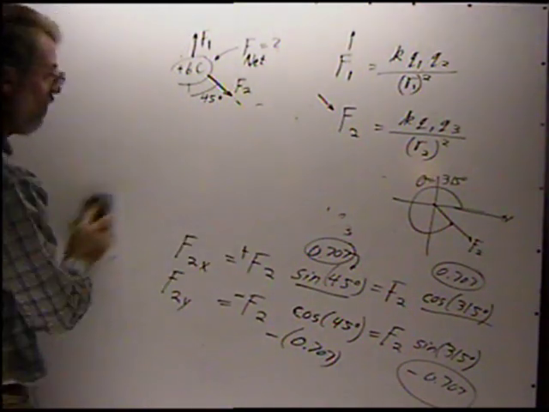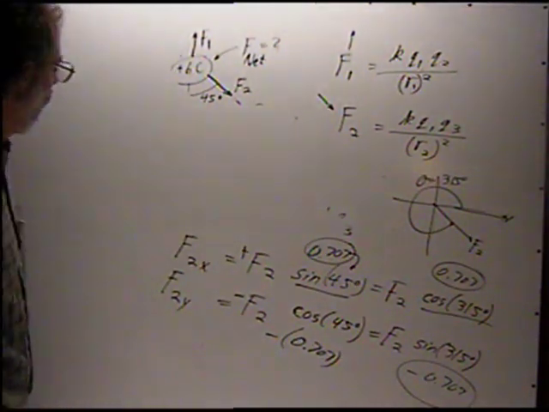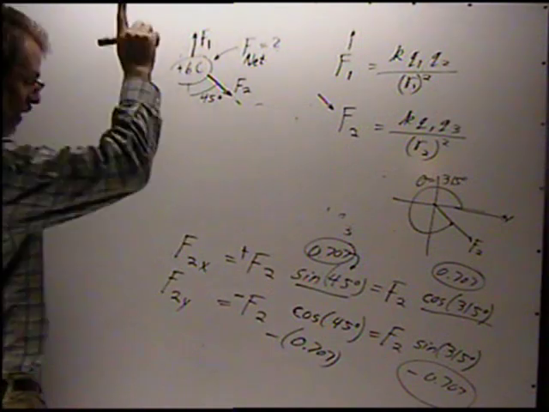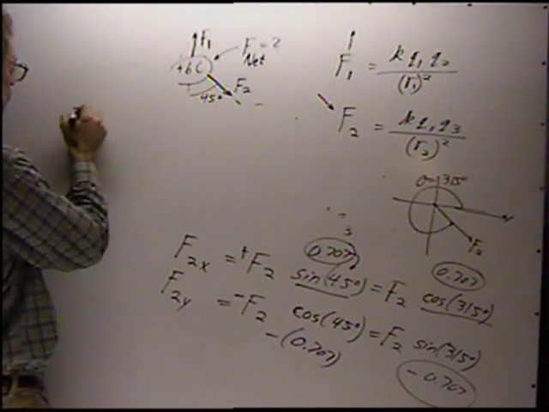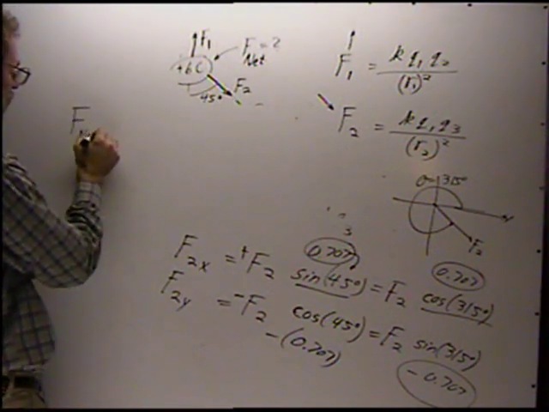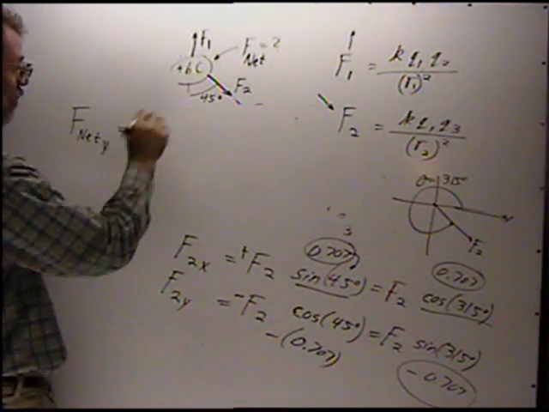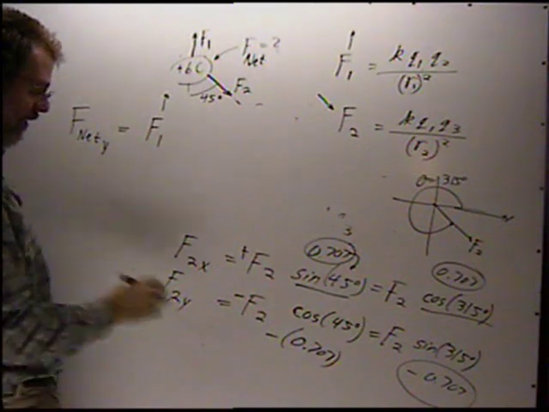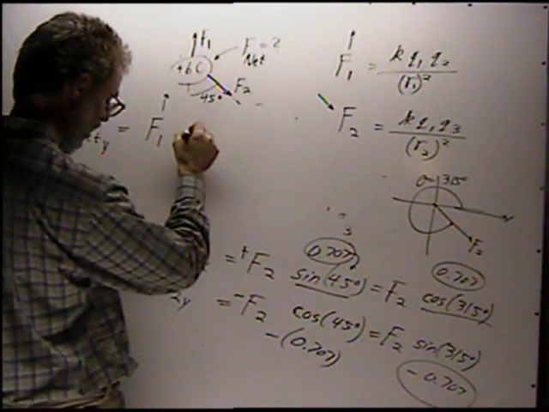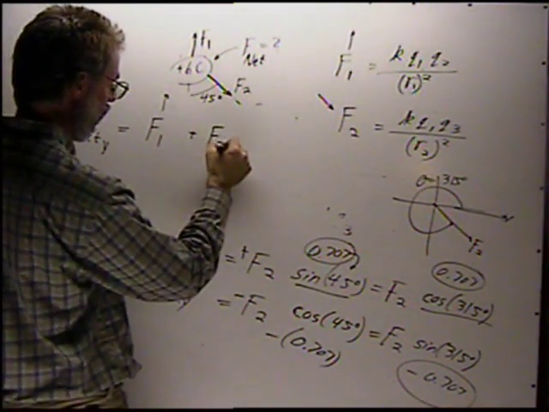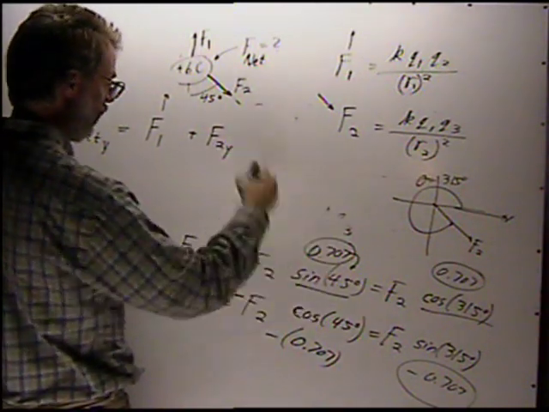Once you calculate F1 and F2, notice F1 is purely in the up direction. So the net y is going to be F1, because that's purely going up, and we have to add to that F2y, which is actually a force going down.